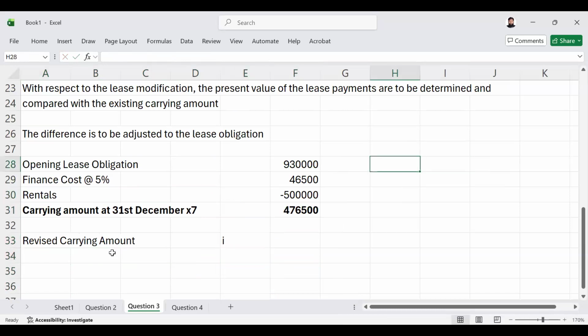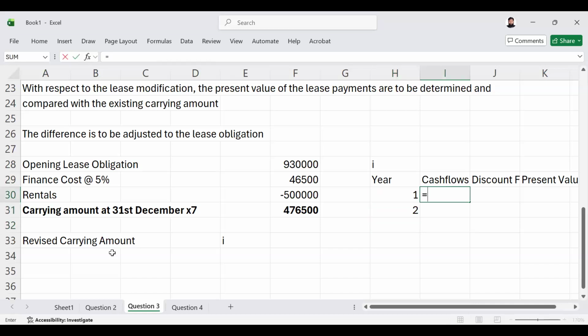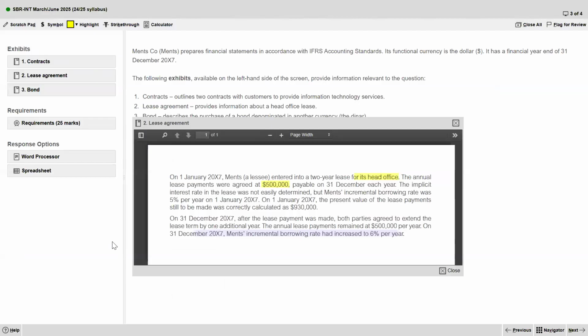So note number 1, what are we going to do? We're going to say cash flows, discount factor, present value. Year 1, 2. The cash flow for year 1 is going to be 500,000, and 500,000 for year 2.